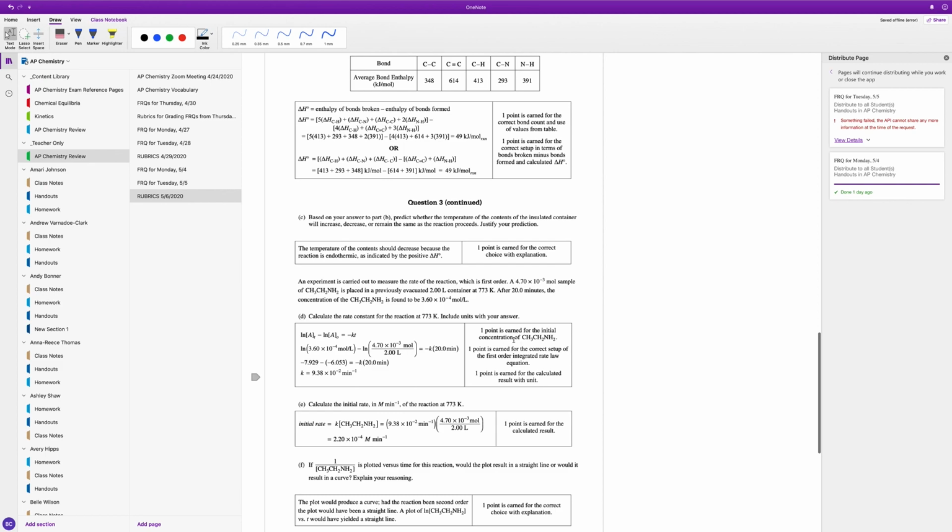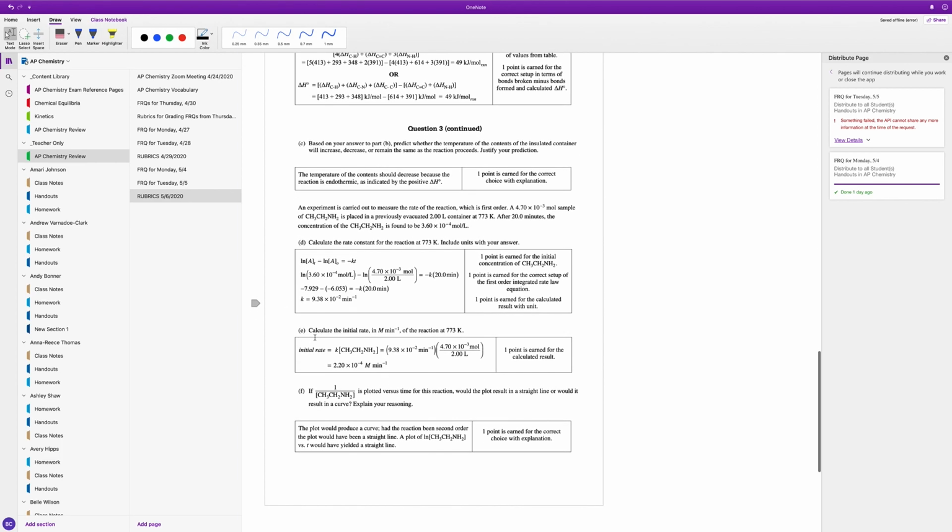1 point is earned for the concentration. That's important because they didn't actually give you concentration. 1 point is earned for the correct setup of the first order integrated rate law, and then the correct calculation. So 3 points hiding in that part. Letter E, calculate the initial rate. Well, now that we know the integrated rate law and the rate constant, and we also know that it's first order, we know the differential rate law.